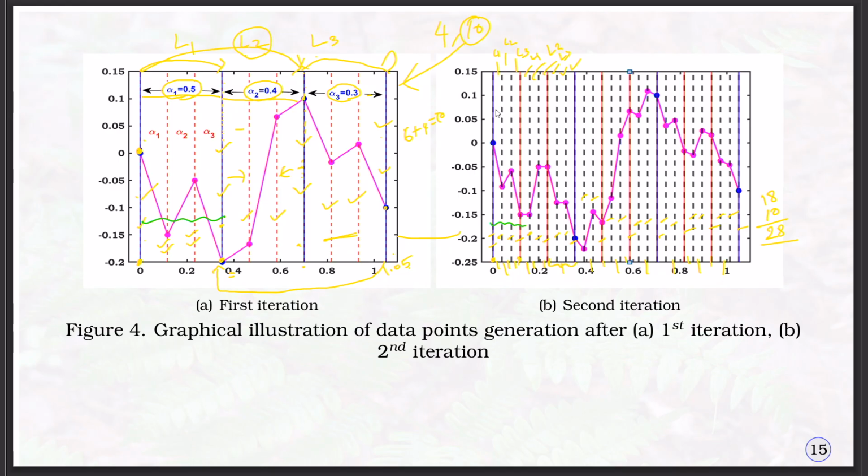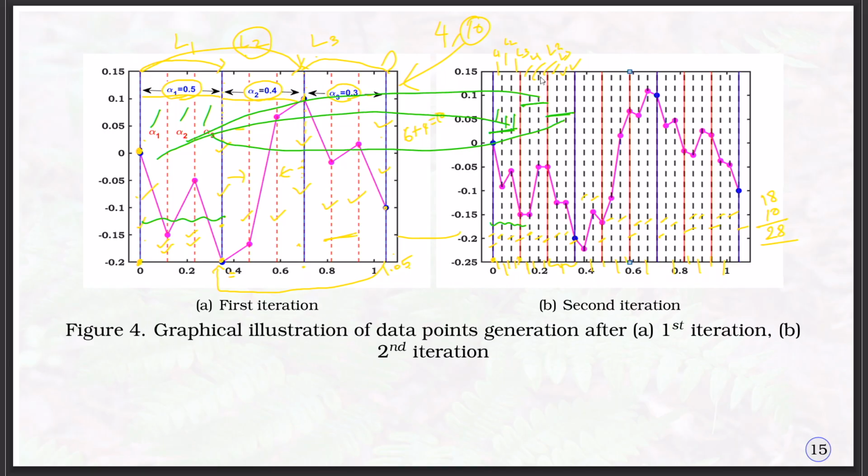Now, here L1 we are applying, L2 applying, L3 applying, here L1, L2, L3. If we apply L1 here, this interval is reduced to this one. After applying L2, this interval is reduced to here. After applying L3, it is reduced to here.